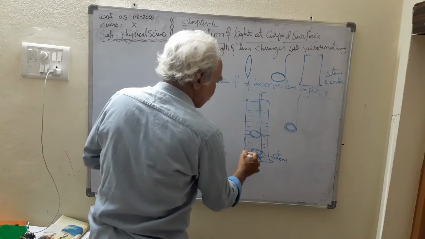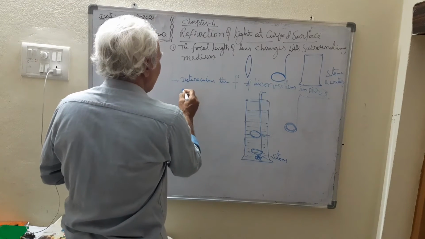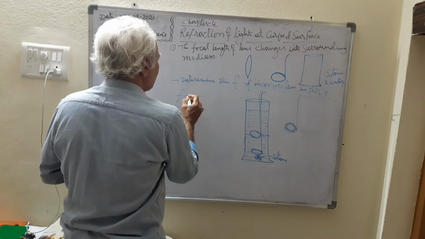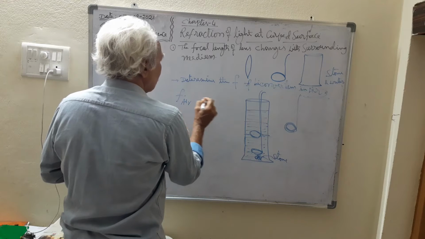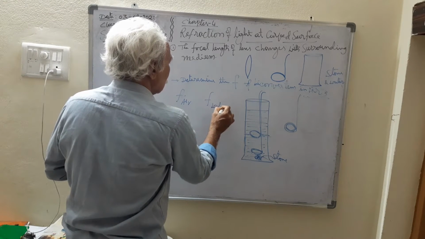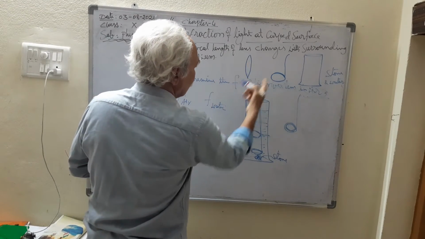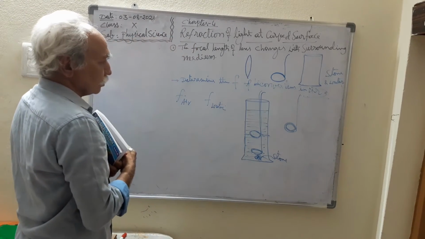How much height is there above the stone? Compare the focal length in air media and the focal length in water media. These are the two media. Air media we determined before starting this activity.